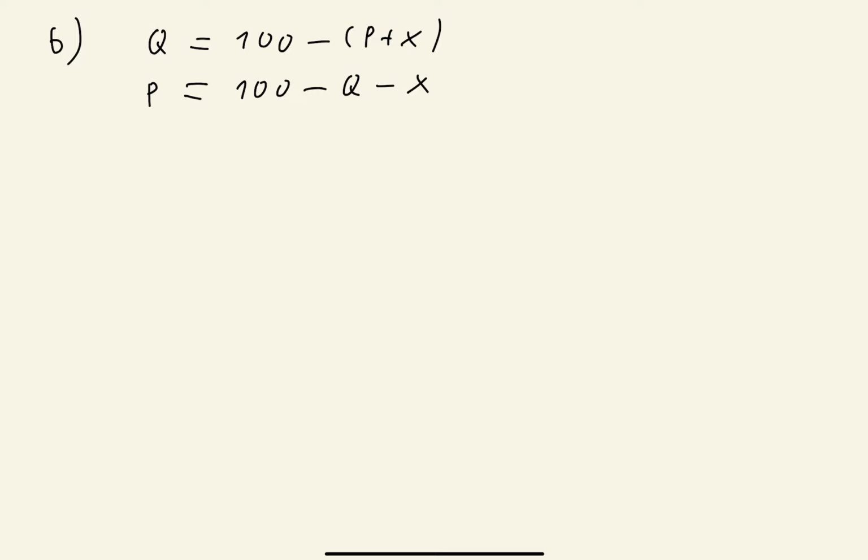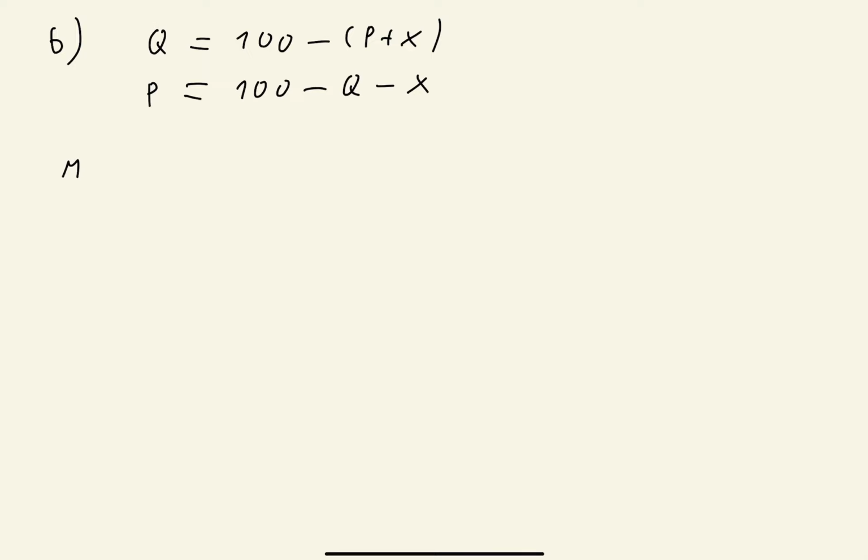Okay, let me go to a new page. Now the demand function is 100 minus P plus X, and hence the inverse demand function is 100 minus Q minus X. This is the inverse demand function, given that there is a tax of X on the buyers.